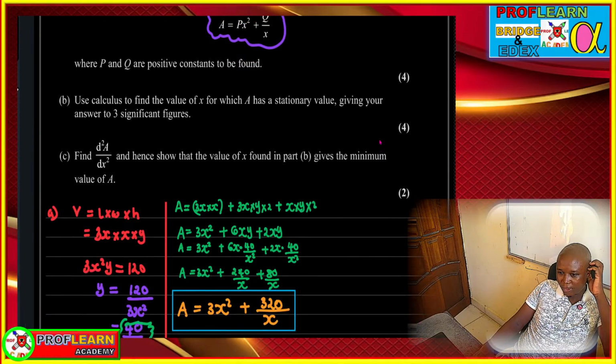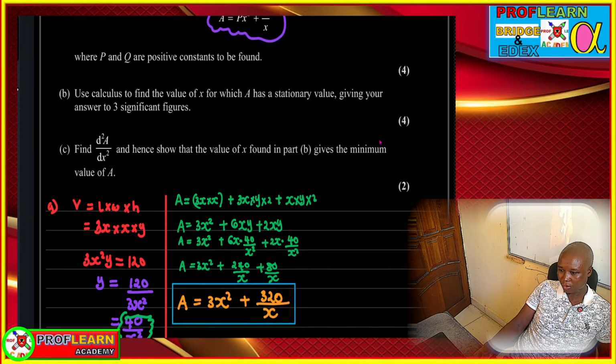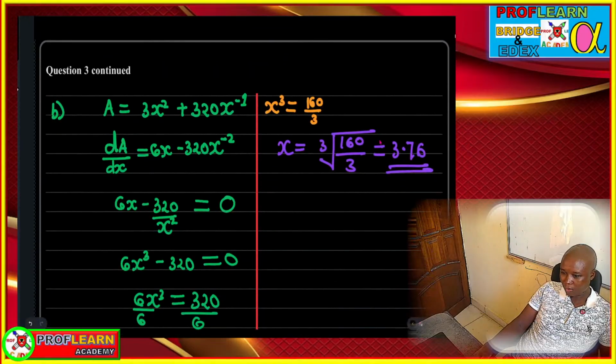Then you are told to find d squared A over dx squared, hence show that the value of x found in part B gives the minimum value. So what do you think we are going to do there?